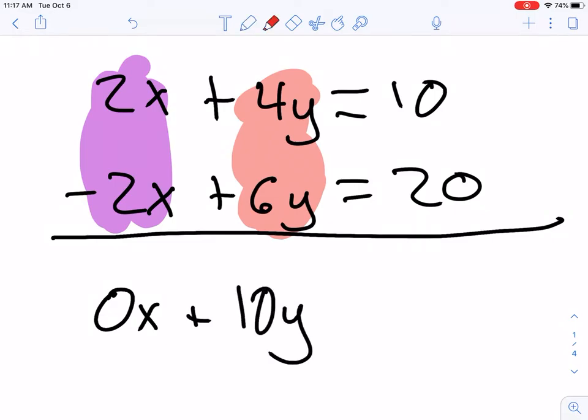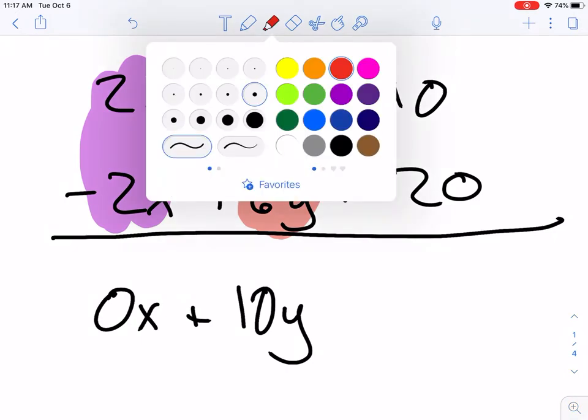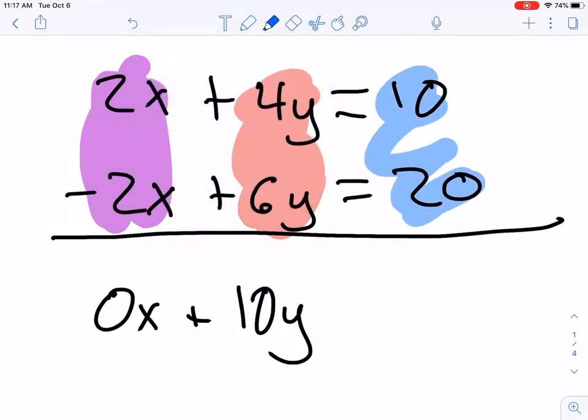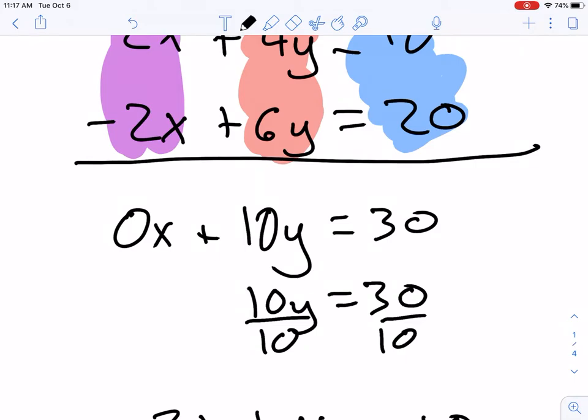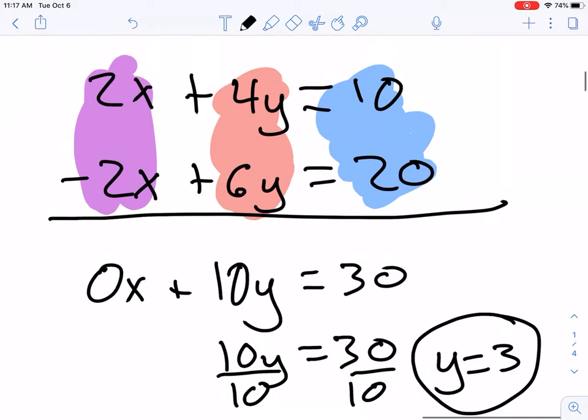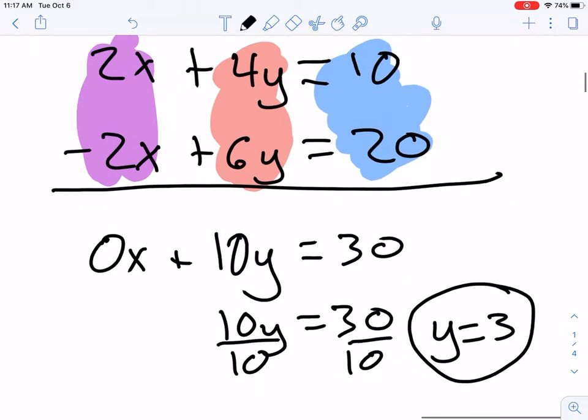And when I add these, I get 30. Now I just really have 10y equals 30. And then I can divide 10 to both sides, and y equals 3. So I can find what my y value is. That's if I'm just adding these up because I don't need to change signs.